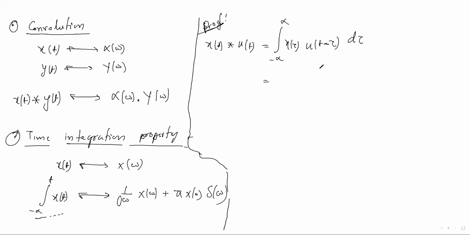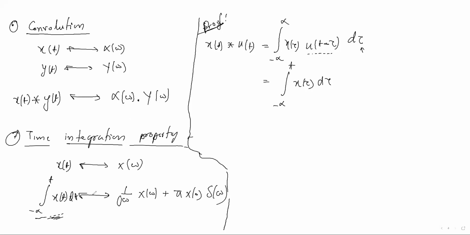Since it is in terms of tau, you have to think of it in place of tau. So this exists only up to tau equal to t. It is the integration from minus infinity to t of x of tau d tau, and now we can replace this tau with t to form this signal.